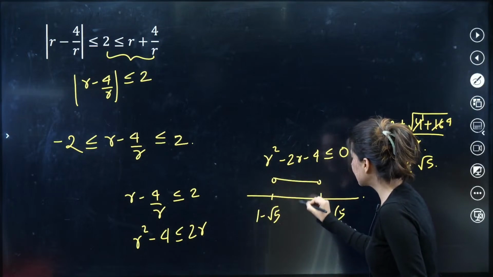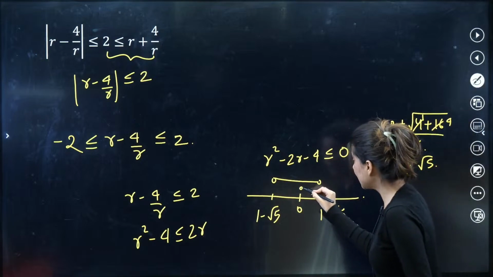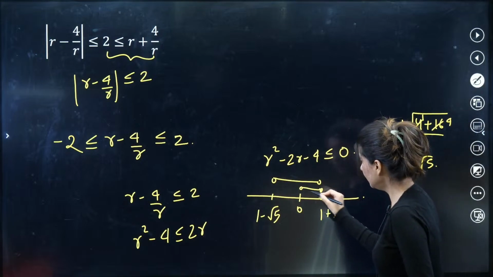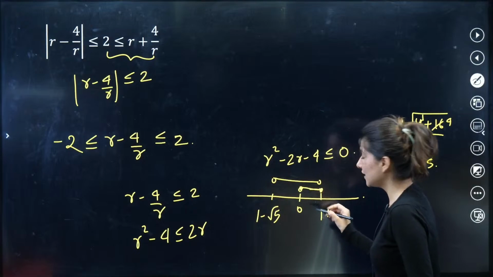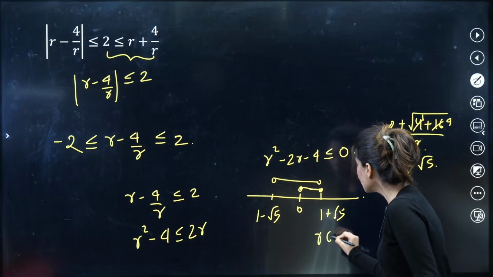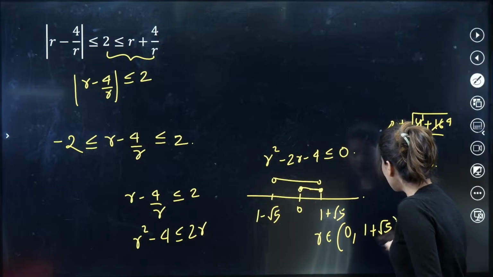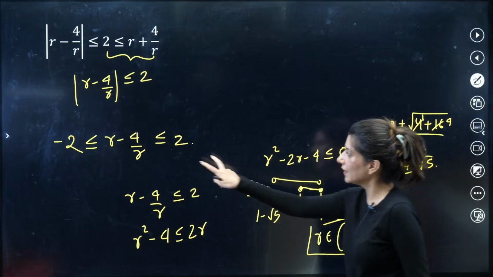But your r is always positive, so finally you are getting 0 to 1 plus root 5, with 0 open and this closed. So r belongs to 0 to 1 plus root 5 from this inequality.